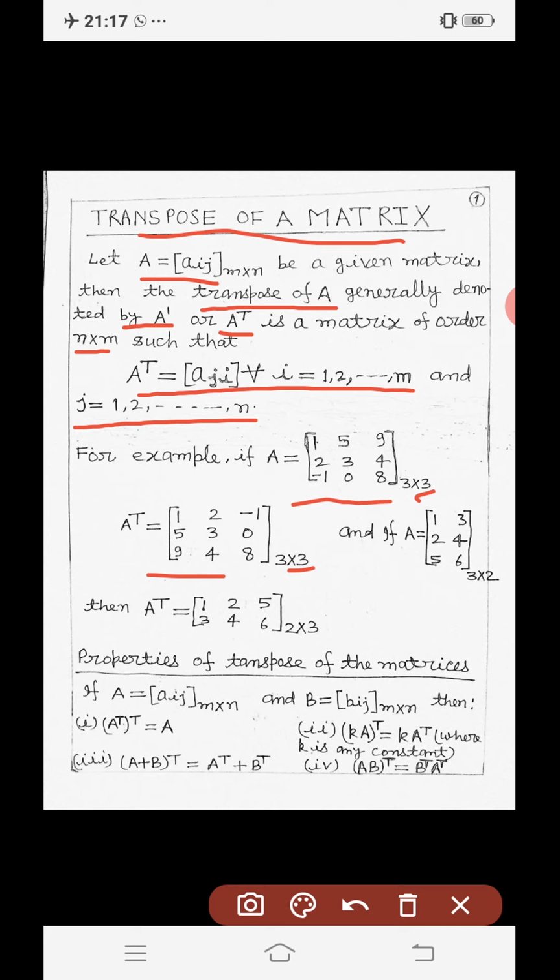Dear students, here we have changed rows into columns and columns into rows.